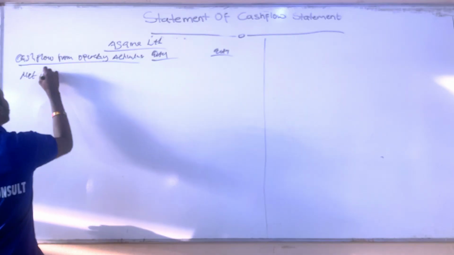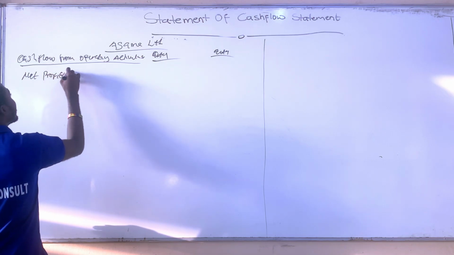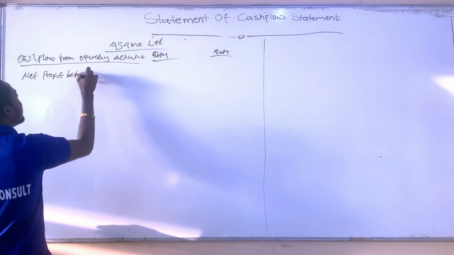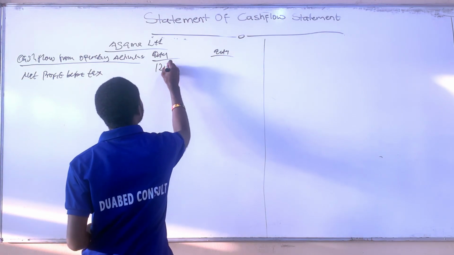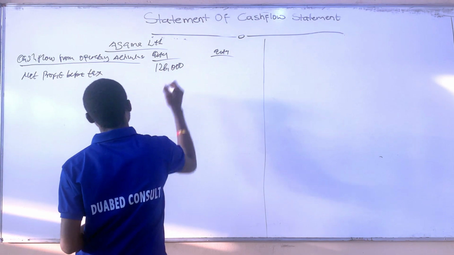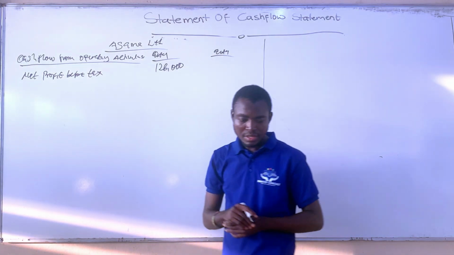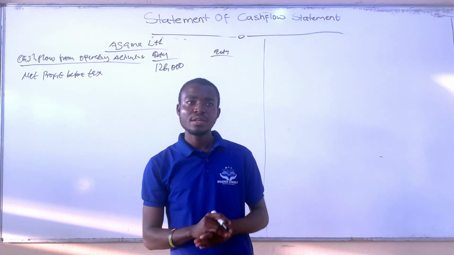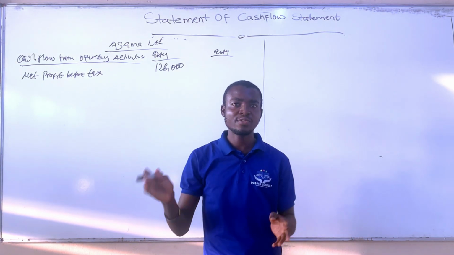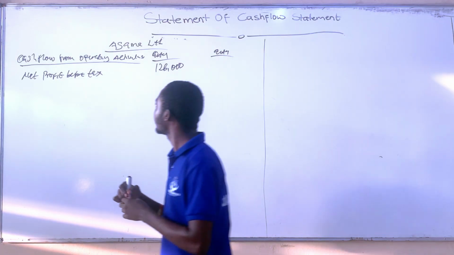So net profit before tax, 126,000. There is no interest. So we will proceed with adjustment for non-cash items.